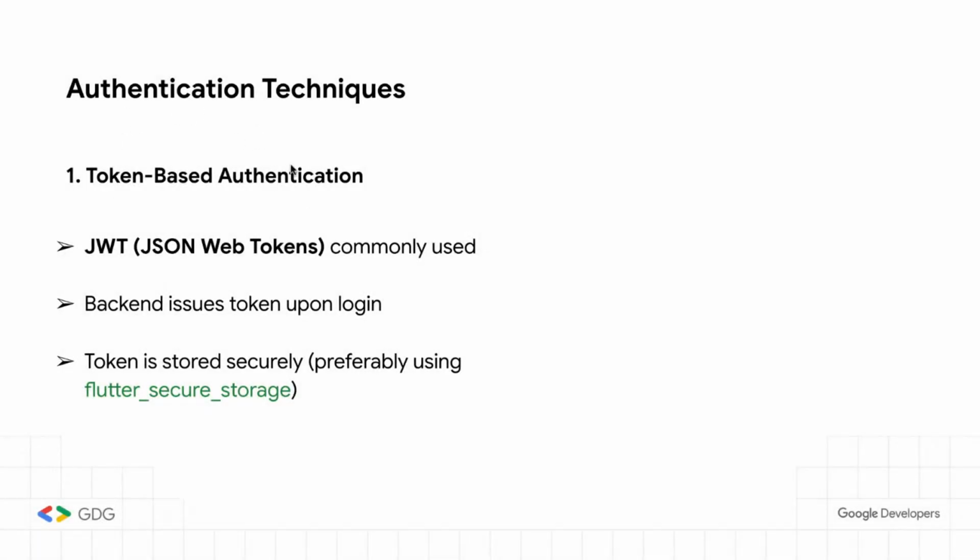So, now let us discuss some of the authentication techniques in our application. And why do we need authentication? Let's say I'm trying to access an API, let's say this is get profile information of user one. So I'm trying to access the profile information for user ID 1.